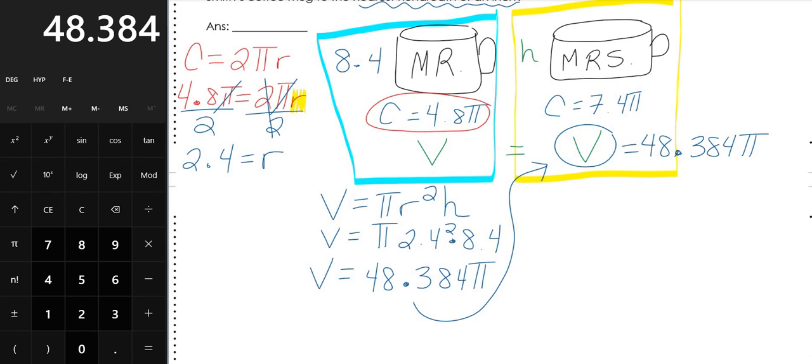Volume formula for Mrs. Smith's mug is going to be the same as Mr. Smith's mug. Pi r squared h. All right, well, let's see what I have. I do have the volume, and, well, I don't really have the radius, so I can't even solve for the height yet. Let me go ahead and get the radius, just like I got Mr. Smith's radius.